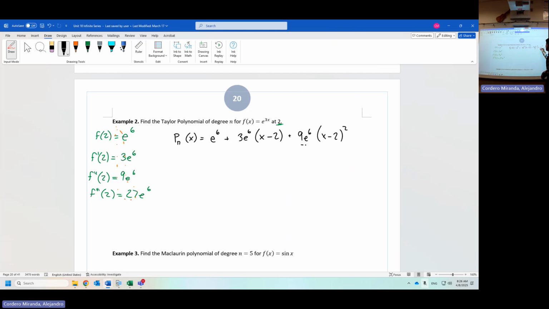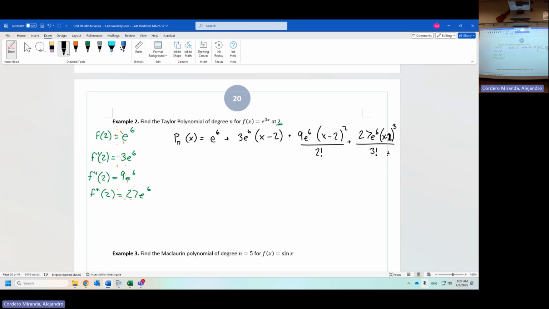Put that over 2 factorial to cancel out when I take the derivative. 2 factorial is just 2, you could just write 2 down there, but just to be consistent. Plus, I'll do one more, I'm going to run out of room. 27e to the 6 times x minus 2 to the third, now over 3 factorial.